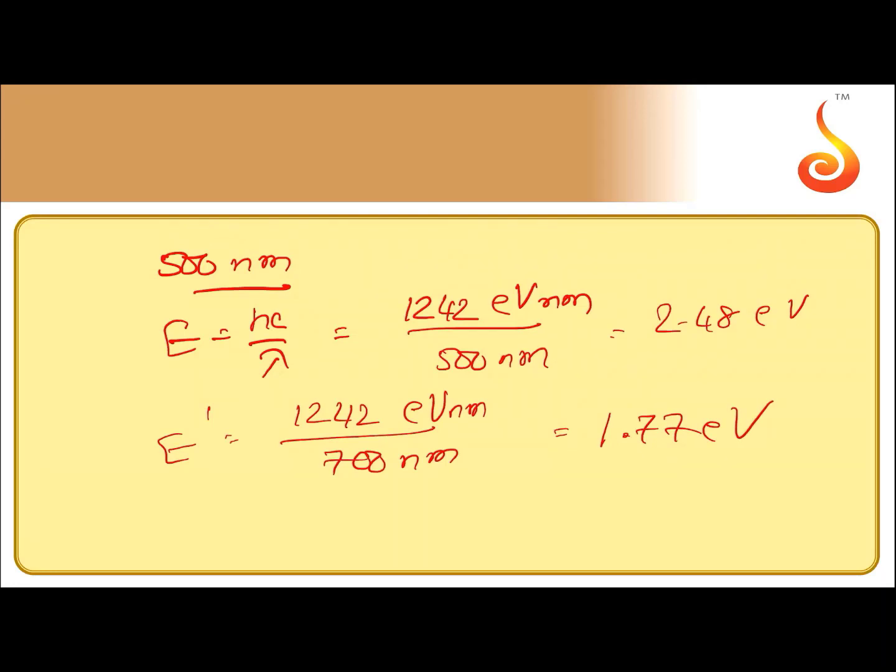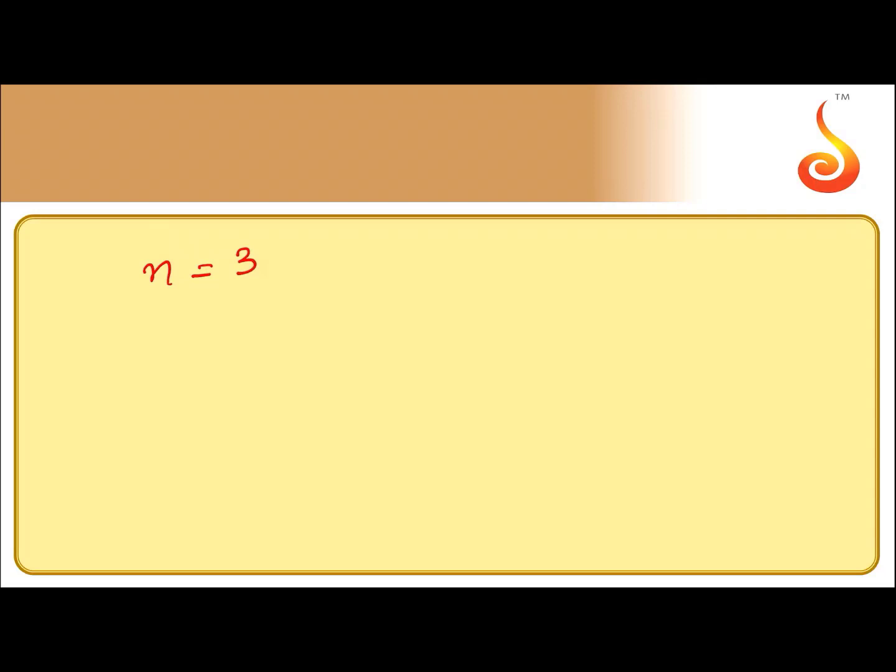You know, the energy difference between the states involved in the transition therefore should be from 1.77 electron volts to 2.48 electron volts. That gives us that the transition n is equal to 3 to n is equal to 2 falls in this range. Correspondingly, this falls in this range, 2.48 electron volts, and the other value, which is 1.77 electron volts, lies in this range, 3 to 2.